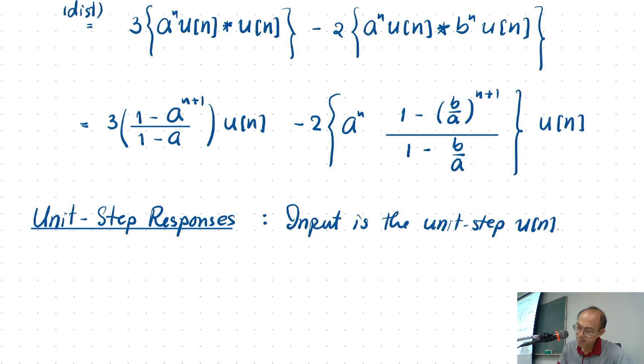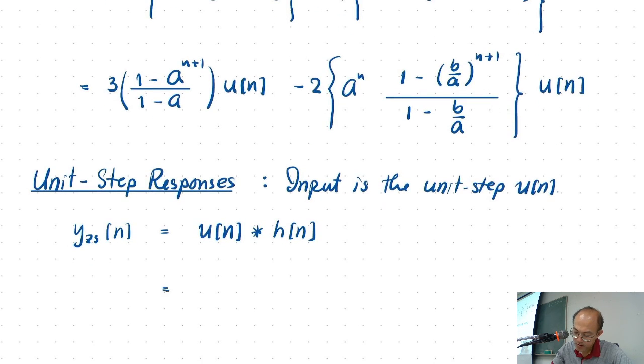When the input is the unit step signal, then the zero state response becomes u[n] convolved with h[n].